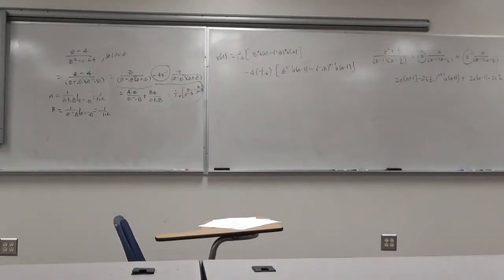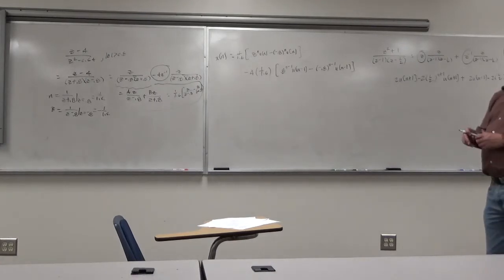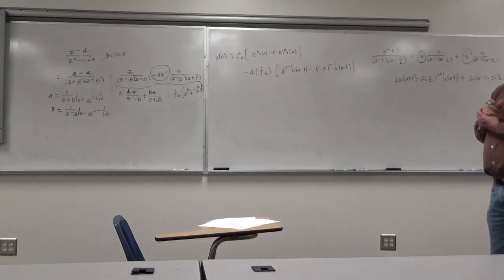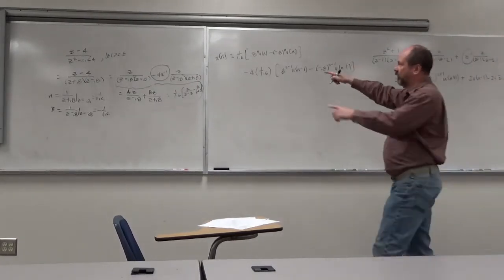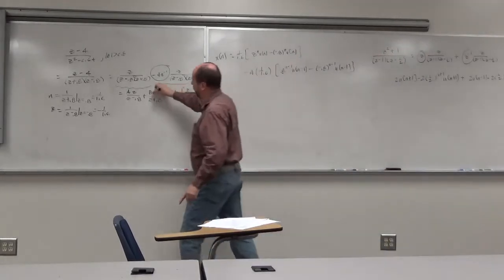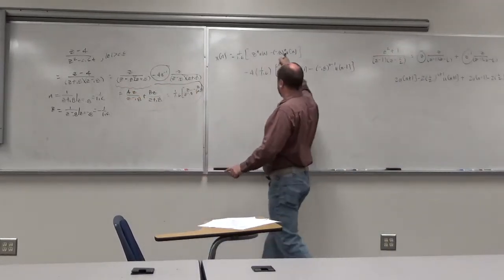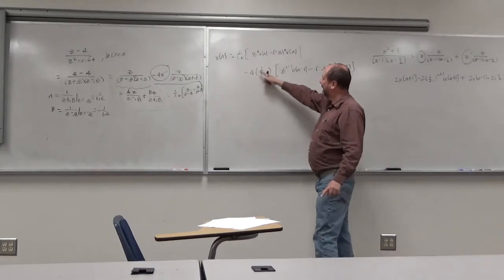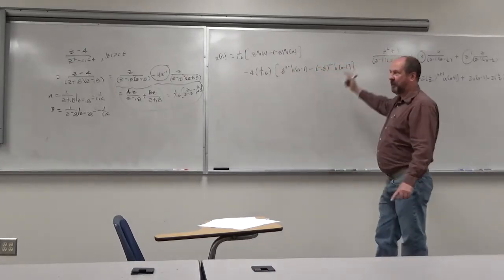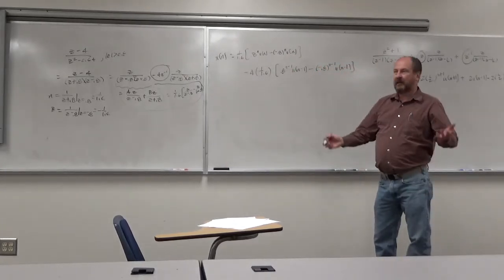Spend some time getting the partial fraction expansion right, because you ain't going to have to do it but once. And if you get the first one right, the second one is very simple. Did you see what I did? Once I got the first one done, that gives you that answer right there. Multiply it by negative 4, delay everything by 1, and then you got the same answer.